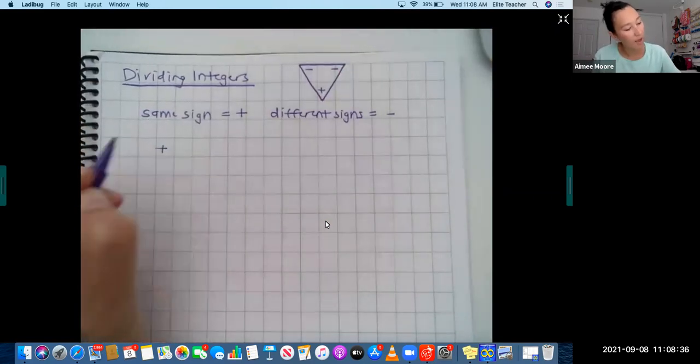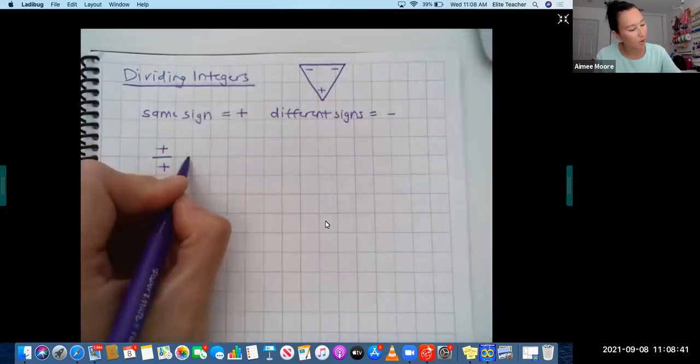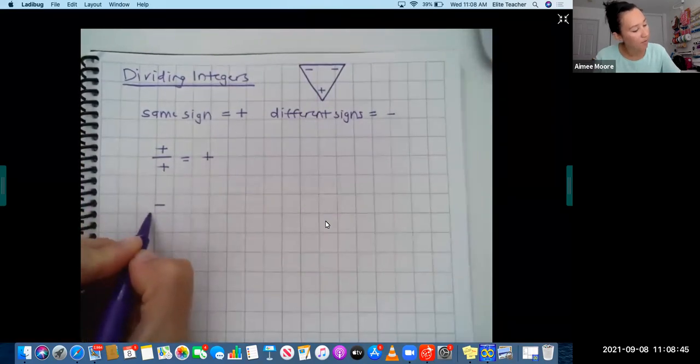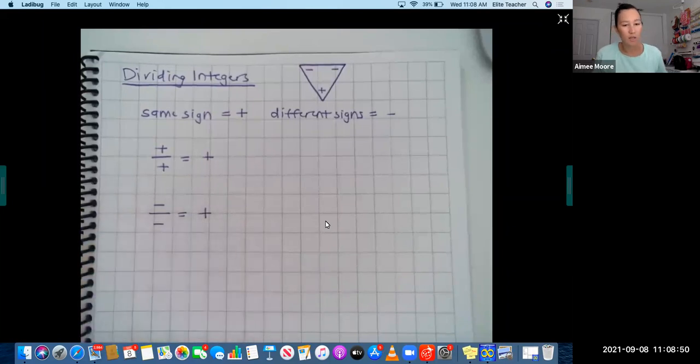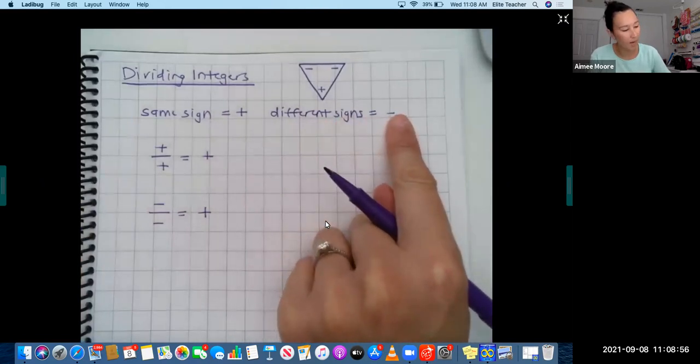So let's show that. Positive divided by a positive is the same sign, and so we end up with a positive. A negative divided by a negative, again, those are the same sign, so we end up with a positive. When we have different signs, we said that's going to be negative.